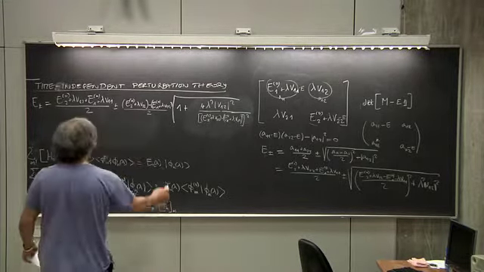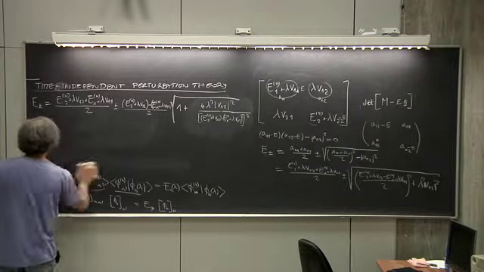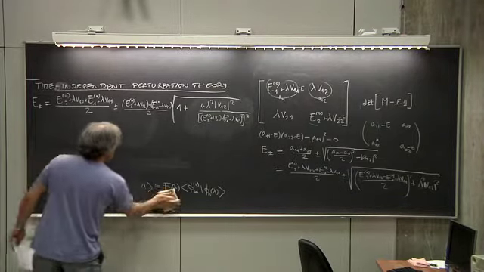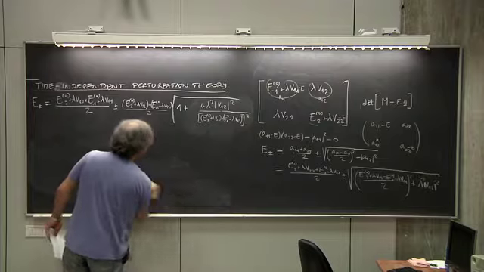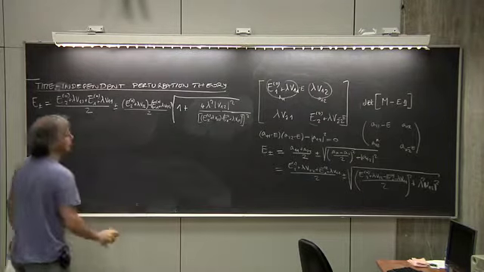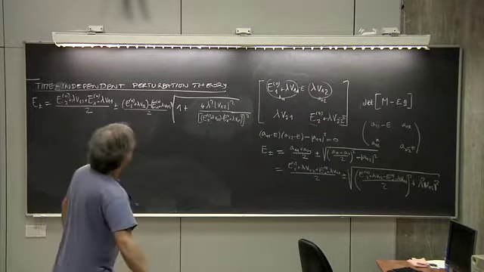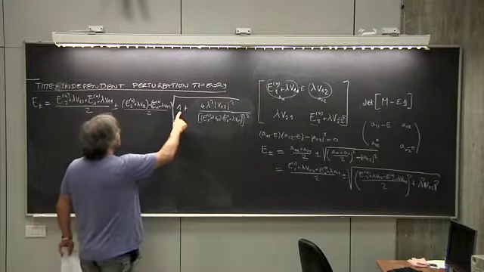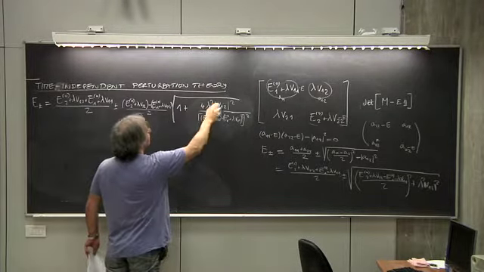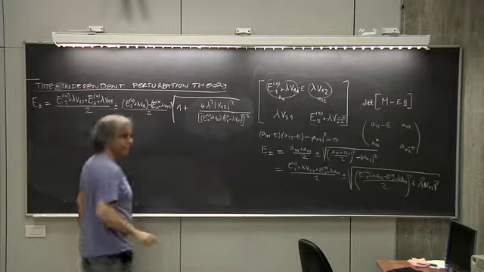Okay, yes. I want to be explicit on this. The next thing I will do is to expand the square root. But you see that the square root is not just 1 plus lambda square. There is a lambda in the denominator, okay?